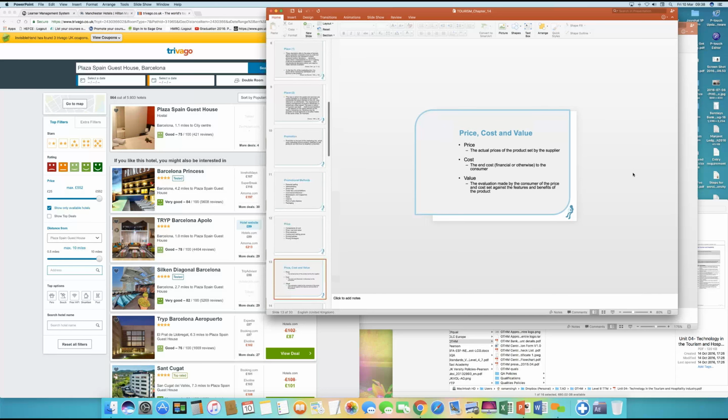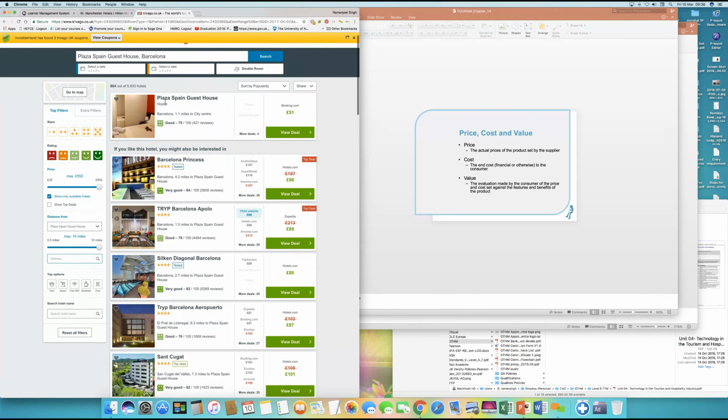Now, there is one concept that we always look at, and I think customers are also conscious of: the price, cost, and value concept, right? Price is nothing but the actual price of the product set by the supplier. So when we look at a website like Trivago, they're offering this Plaza Spain guest house at 51 pounds.